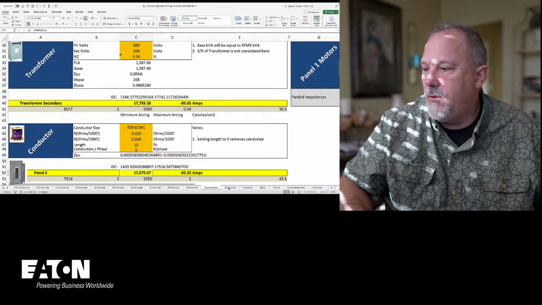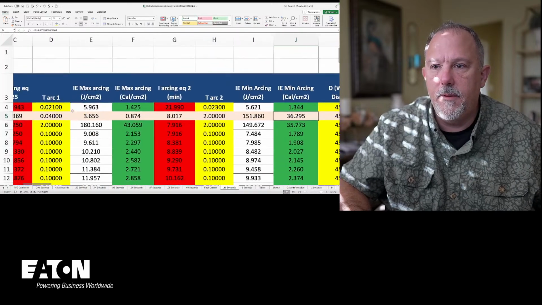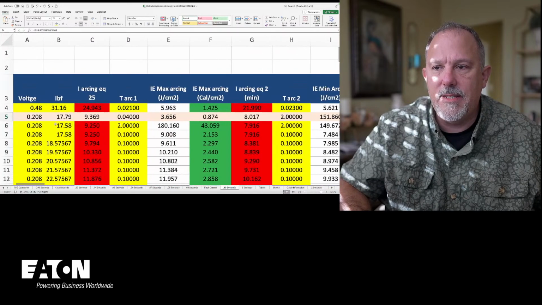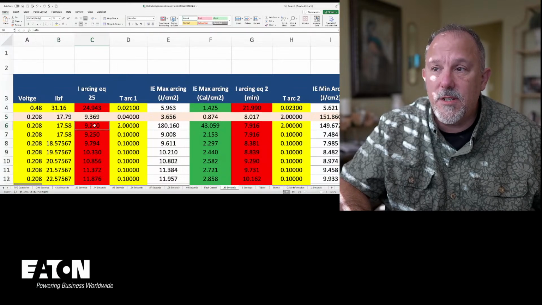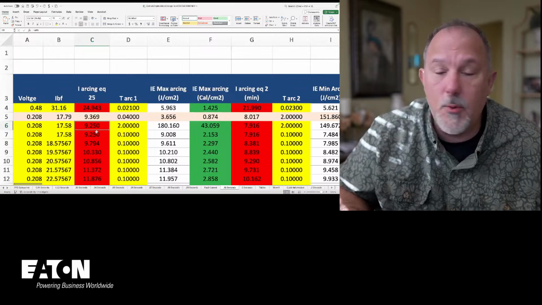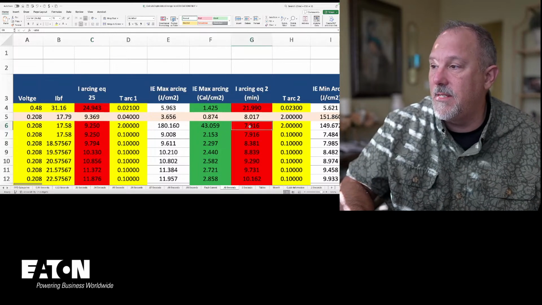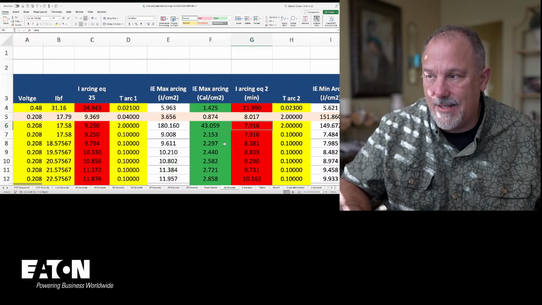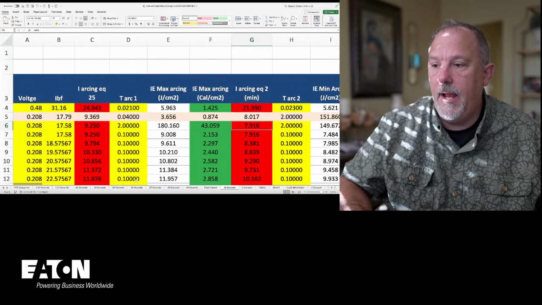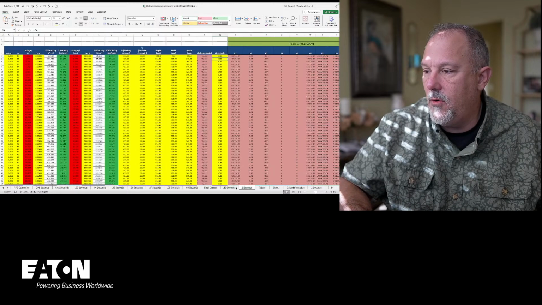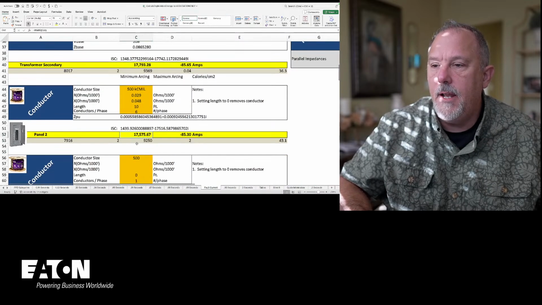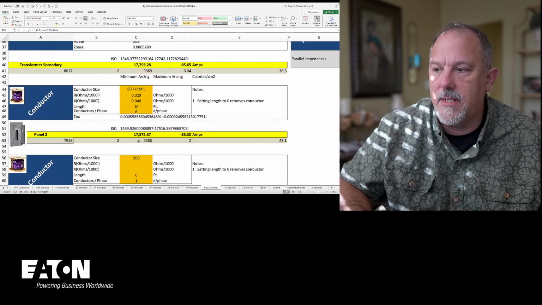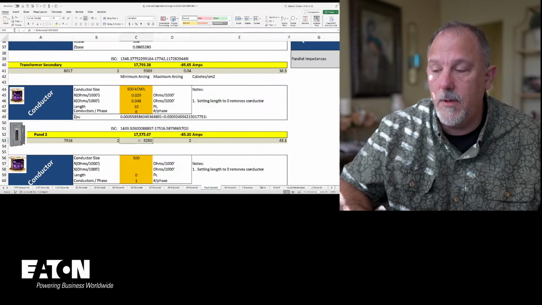And then to get my arcing currents, there's my 17.58. My highest arcing current is 9.25 kiloamps. My lowest is 7916. And then I come back over to this, and there's my 7916, 9250.